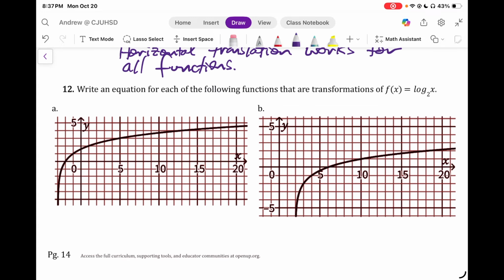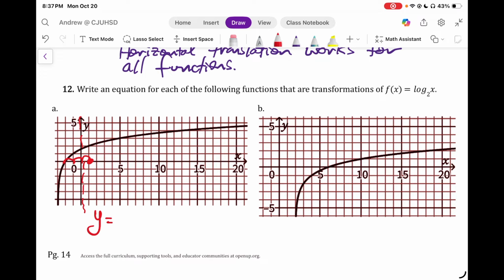So as you look at these two graphs and try to figure out what change has been made, notice that there's been a shifting of the asymptote. It usually would be around here for this one, and you'd have the point 1, 0. But this one has moved 1, 2, 3 spaces to the left.